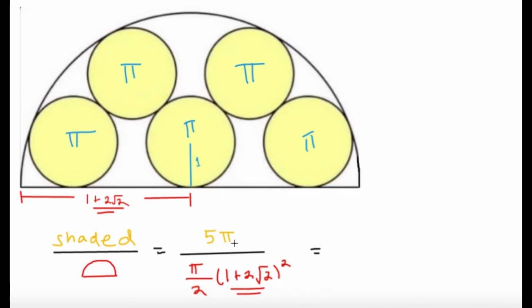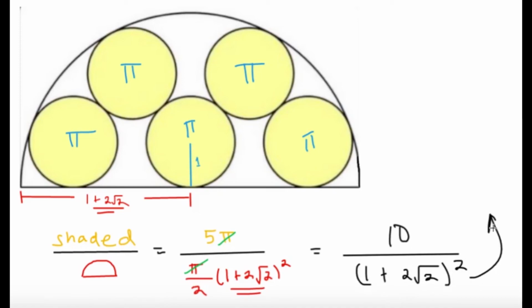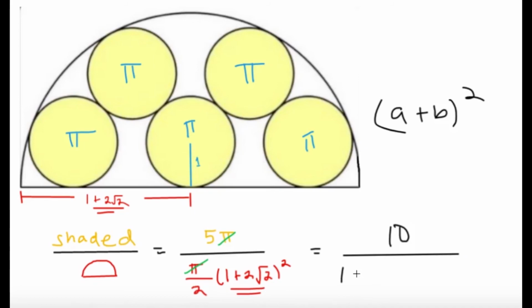We can cancel the pi's, and we can multiply the numerator and the denominator by 2, giving us 10 divided by (1 plus 2 square root of 2) quantity squared. Now you guys can work out the algebra here. It's just going to be the expansion of (a plus b) squared, and that's going to give us 1 plus 4 square root of 2 plus 8, which gives us 9 plus 4 square root of 2.